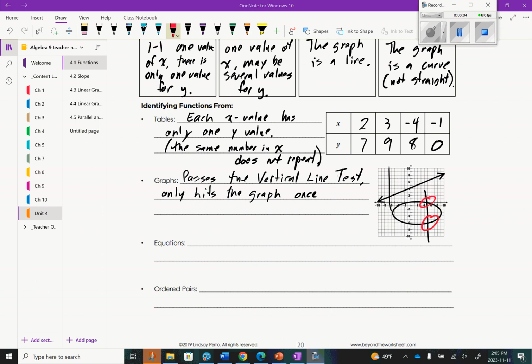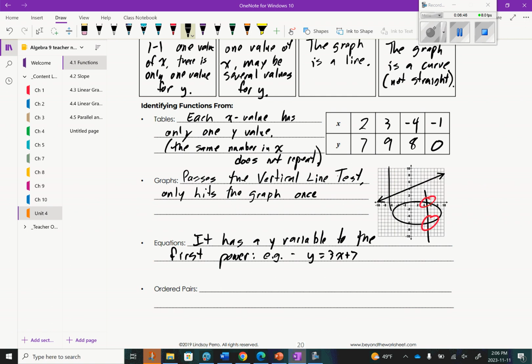We can tell that an equation is a function if it has a y variable in it that's only to the first power. For example, we could have y is equal to 3x plus 7.